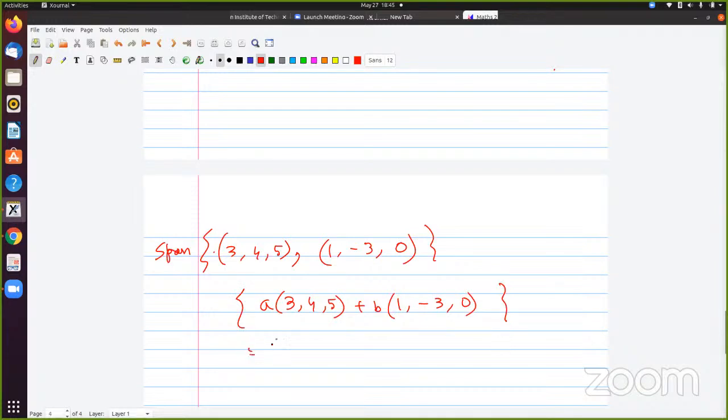So it is 3a plus b, 4a minus 3b, and 5a. So this is basically your span, right?